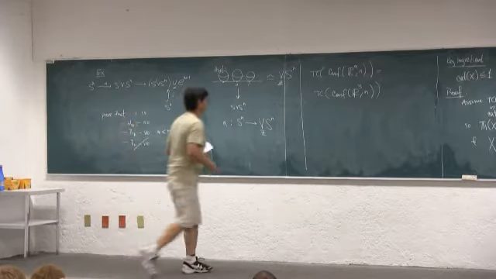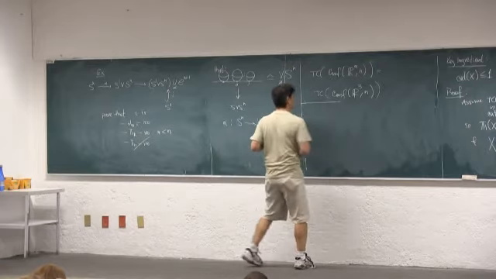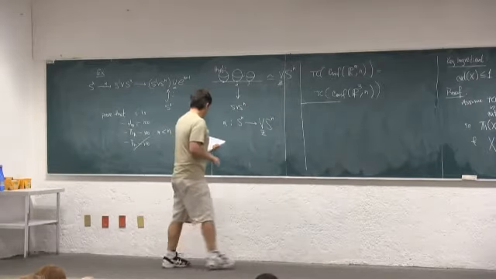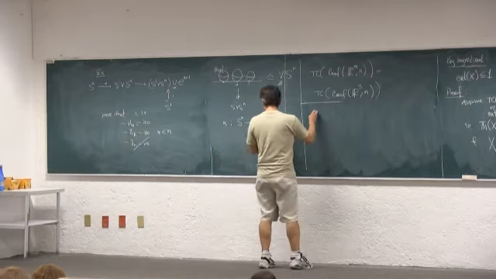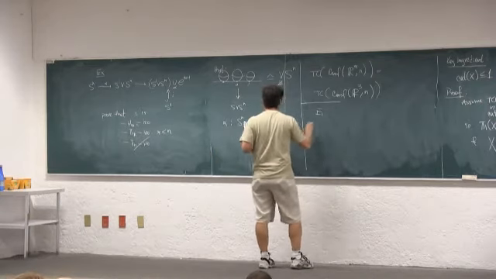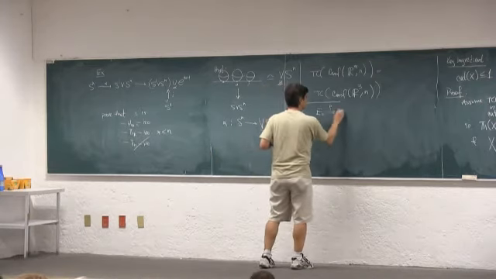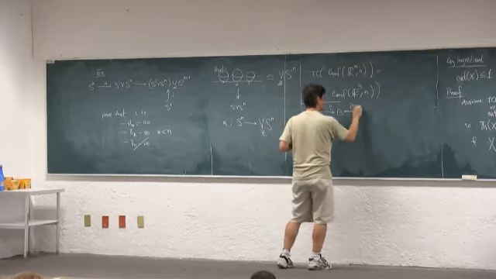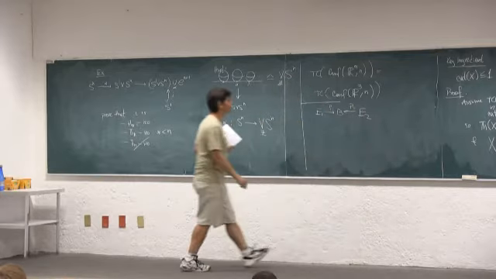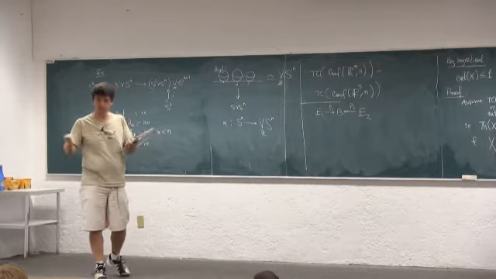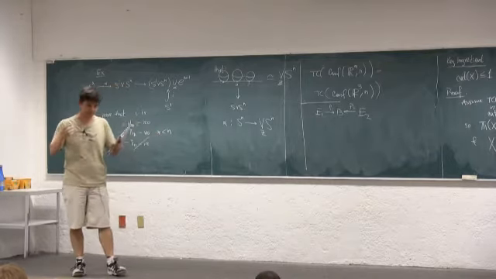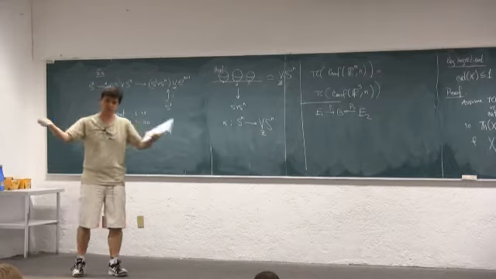So let me start defining what I need. Let me define the fiber-wise join product of fibrations. This is a standard construction. Suppose you have fibrations with a common base space B. We all know what the join of two spaces is, namely you just take lines between points of these spaces.